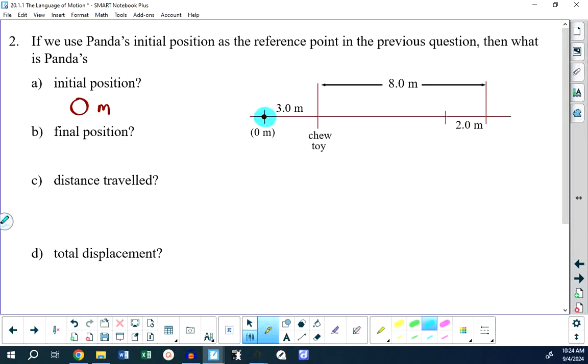So what's Panda's initial position? Well, that's where she starts, and that's called 0. What's her final position? Well, she ends up over here. Forget about what she does. We know she ends up over there. That's important. So where does that point lie relative to that position? It's, I guess, 9 meters to the right, positive 9 meters.